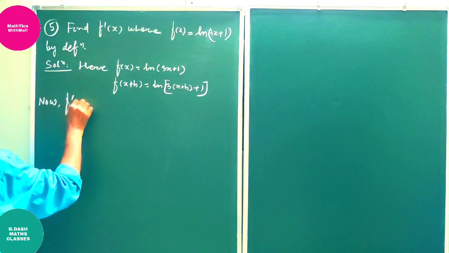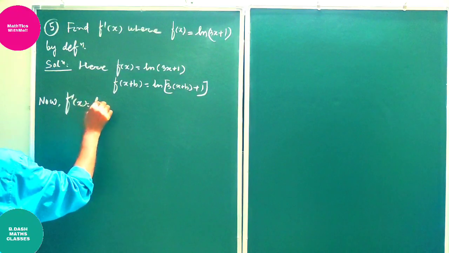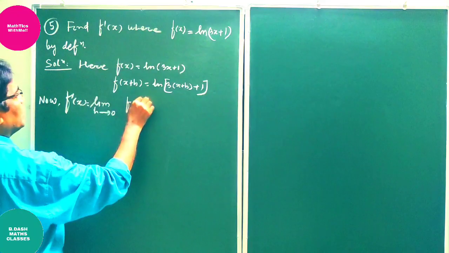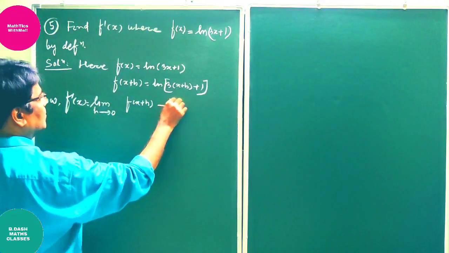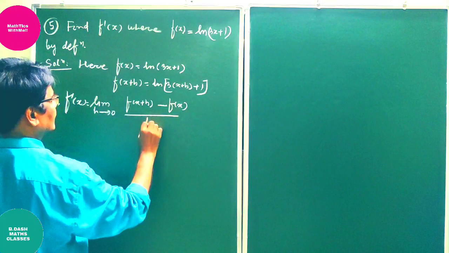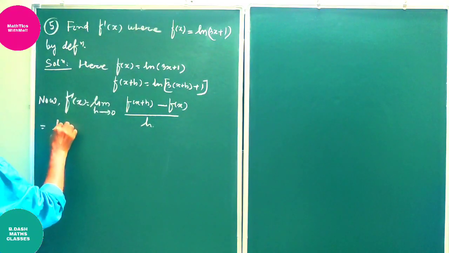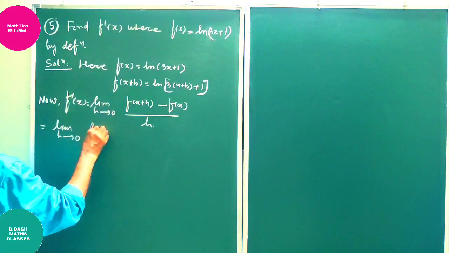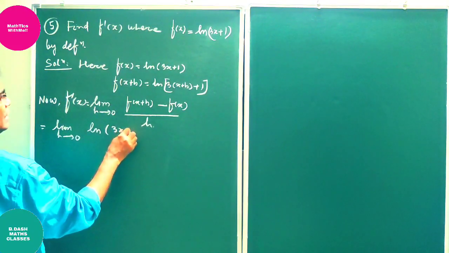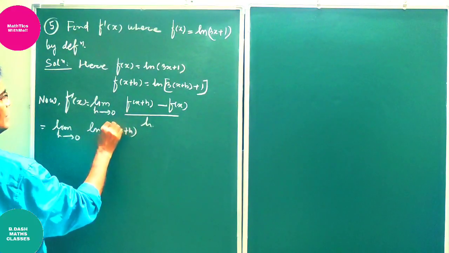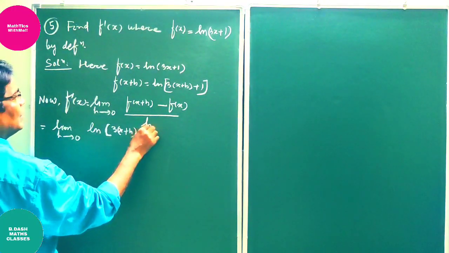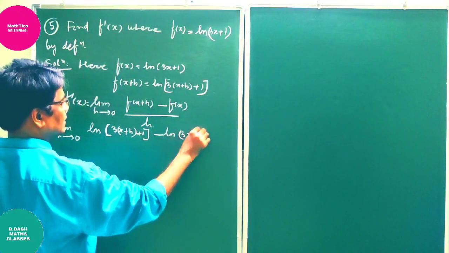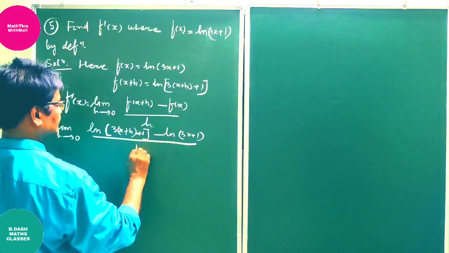Now f dash of x is equal to limit h tending to 0 of f of x plus h minus f of x by h. So this is equal to limit h tending to 0 of ln of 3x plus 3h plus 1 minus ln of 3x plus 1 divided by h.